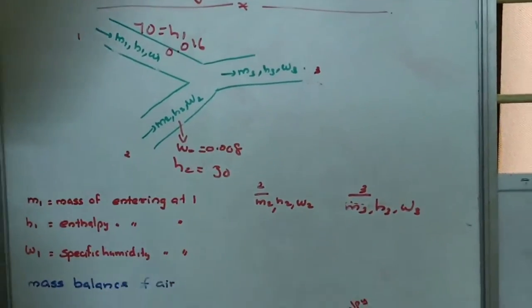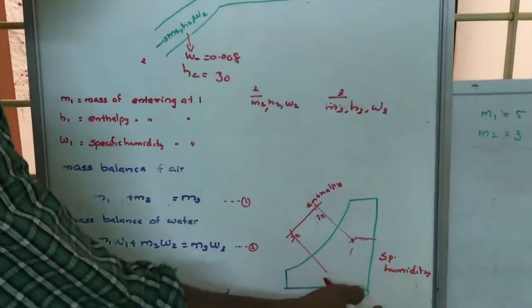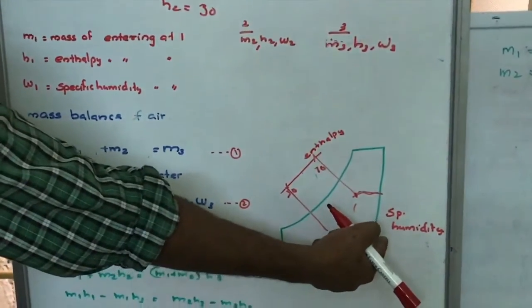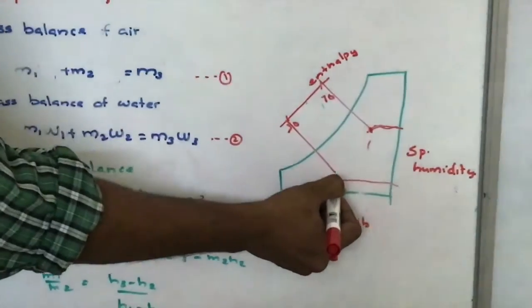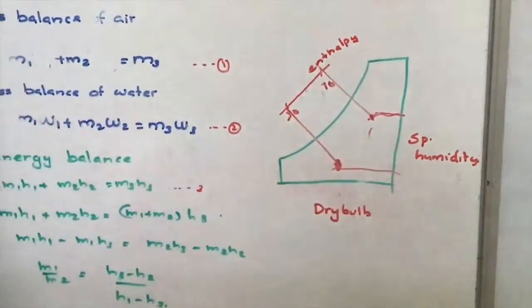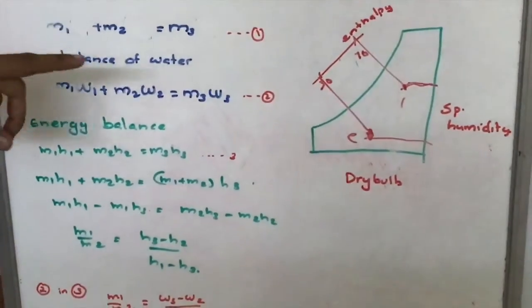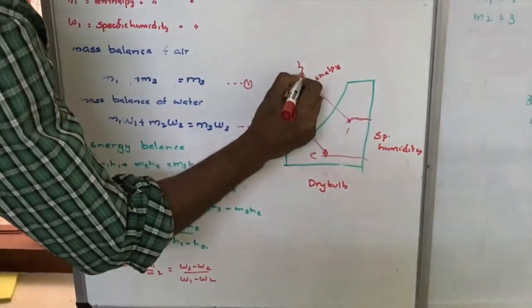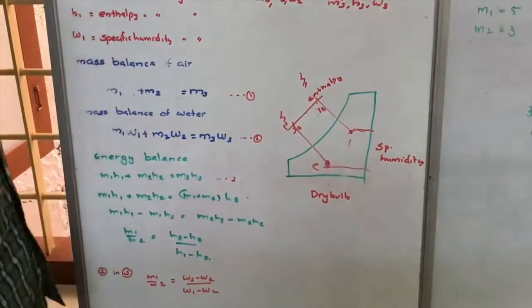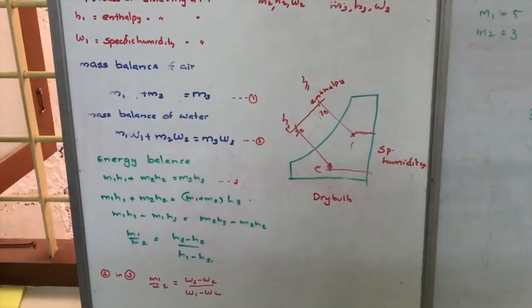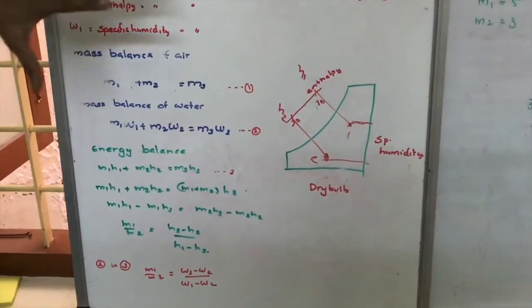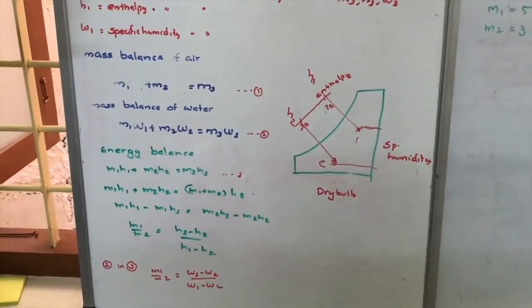From H2 equal to 30 we draw an inclined line, and from W equal to 0.008 we draw a horizontal line. These two meet here, and now we have point 2. This is H1, and this is H2. Now we want to find the third point, H3, when they mix.